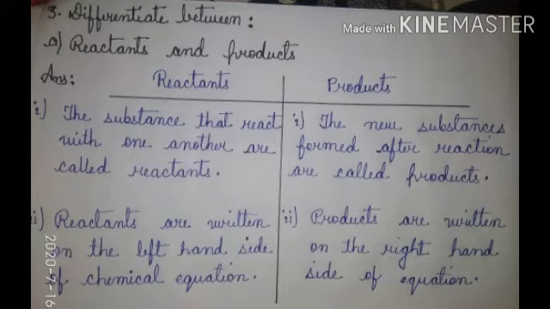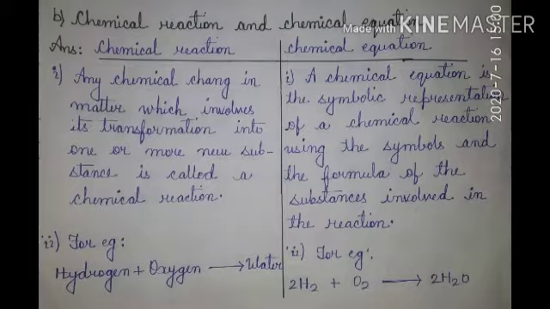Now we will see the next question, that is differentiate between chemical reaction and chemical equation. Any chemical change in matter which involves its transformation into one or more new substances is called a chemical reaction. For example, hydrogen plus oxygen gives water. Now, what is a chemical equation?